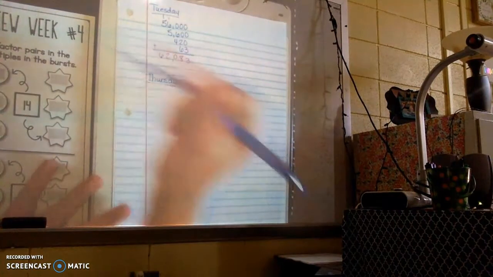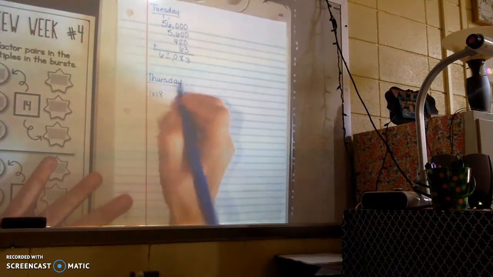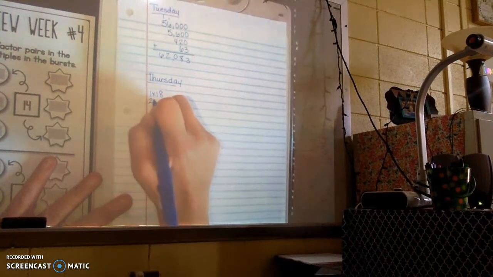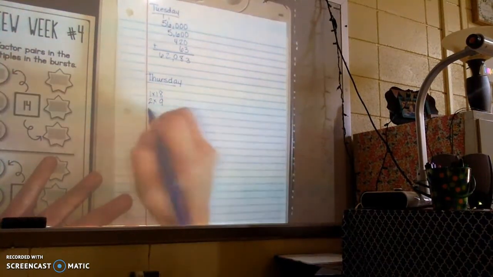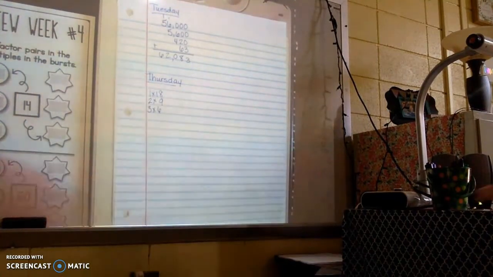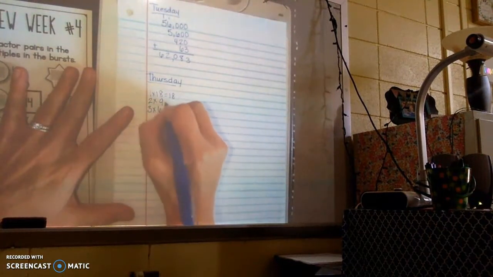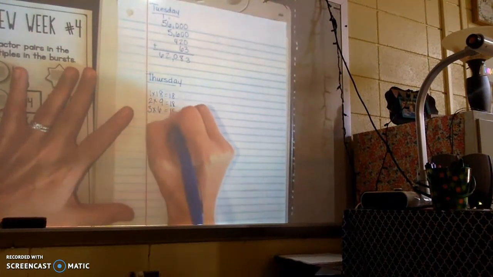So let's see, I can multiply 1 times 18. I could multiply 2 times 9. I could multiply 3 times 6. So those are all factors because all 3 of those would give me 18.